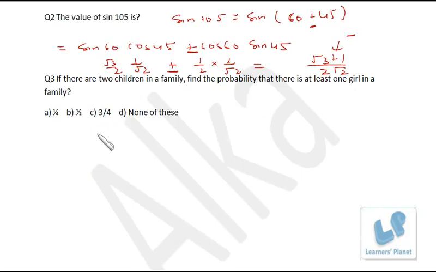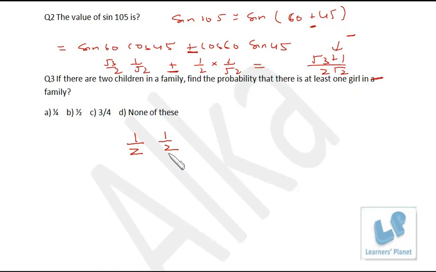Now this second question is based on probability. If there are two children in a family, find the probability that there is at least one girl in the family. We are talking about a particular family. First of all, we assume both of them are boys. The first one is a boy, so the probability is 1 by 2, and the second one is also a boy, so the probability is 1 by 2.